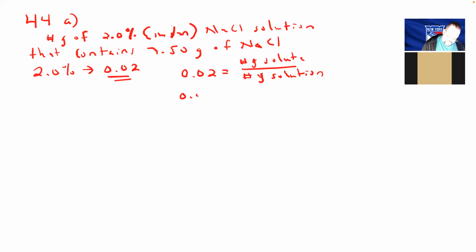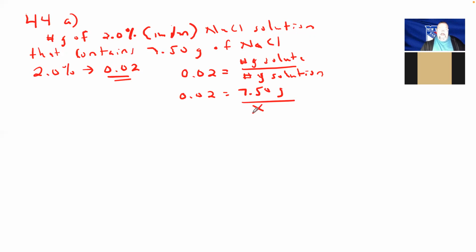Now, in this case, they give us the number of grams of NaCl. And if you have an NaCl solution, the sodium chloride is going to be the solute. So we have 7.50 grams of the solute. And what we're looking to find here is the number of grams of solution.